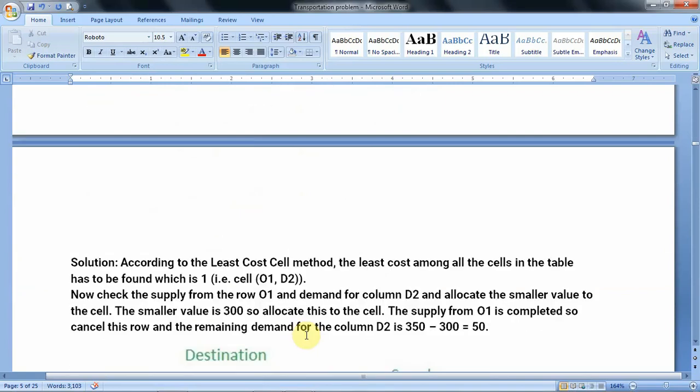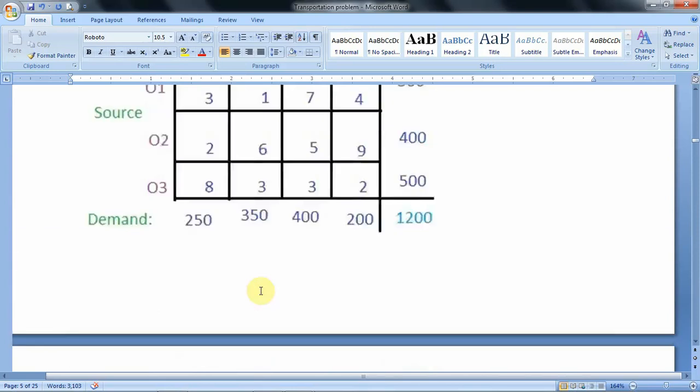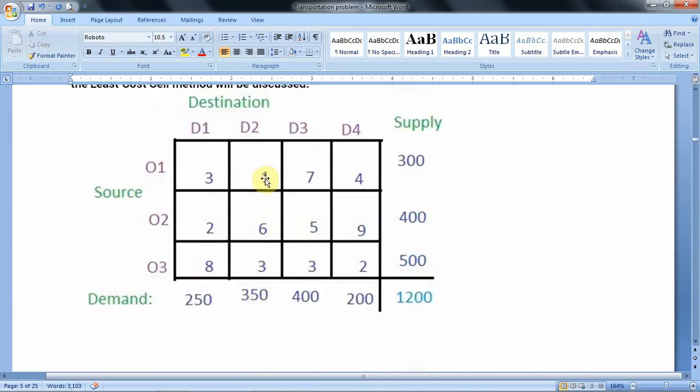So the solution according to the least cost cell method: the least cost value among all the cells in the table has to be found, which is 1, that is O1D2. Allocate the maximum units to this cell O1D2, that are 350 and 300.